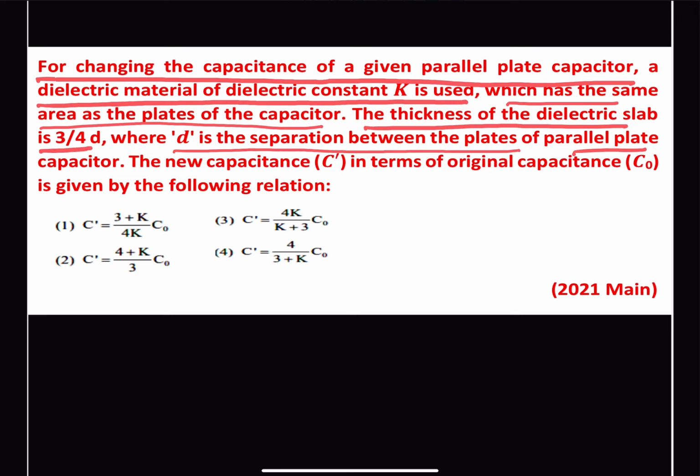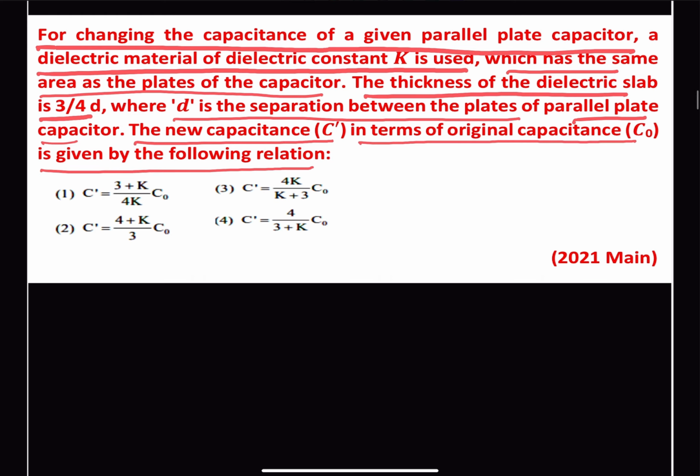The new capacitance C prime, in terms of the original capacitance C naught, is given by the following relation. So in this case, once again we are having two capacitors. A is the area of the plates and D is the distance between them, and its capacitance is given as C naught.